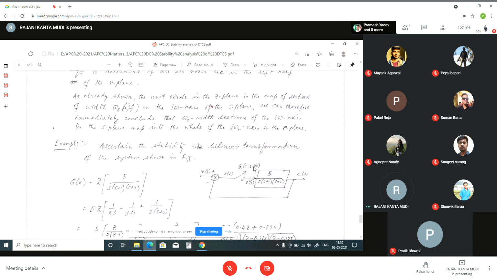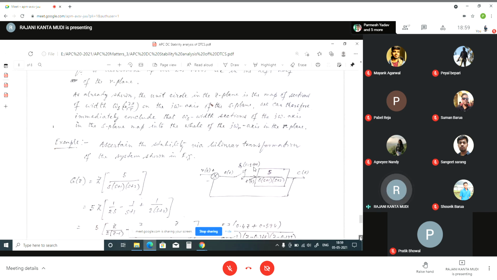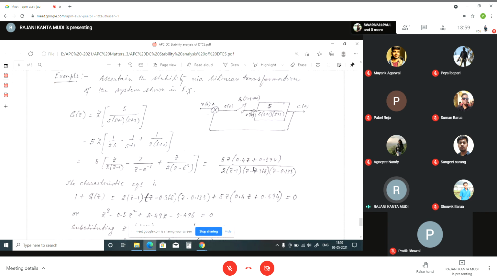One example: this is a sampler, so a discrete time system, with unity feedback, and G(s) equal to 5 by s into (s plus 1). The characteristic equation is 1 plus G(z), since it is unity feedback.